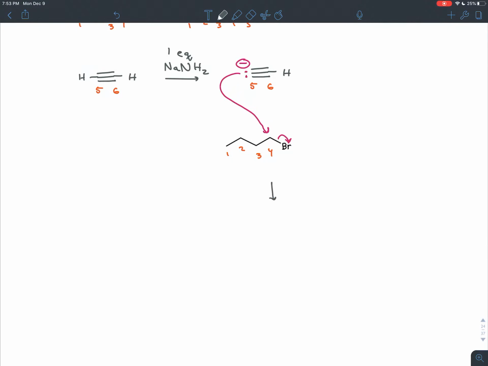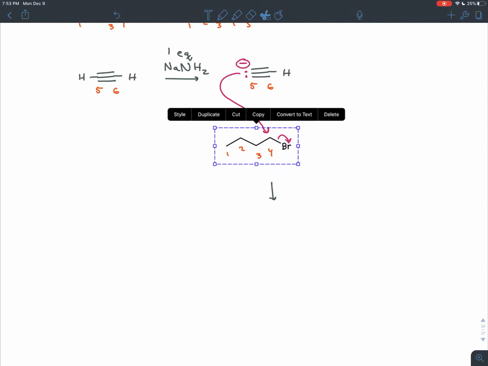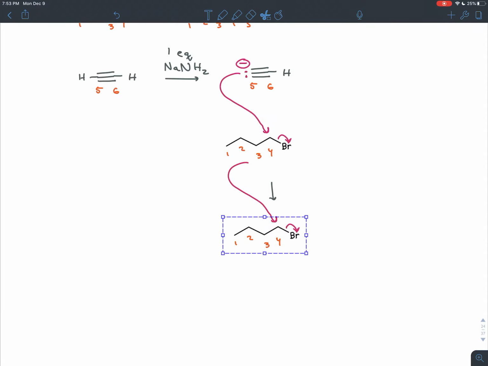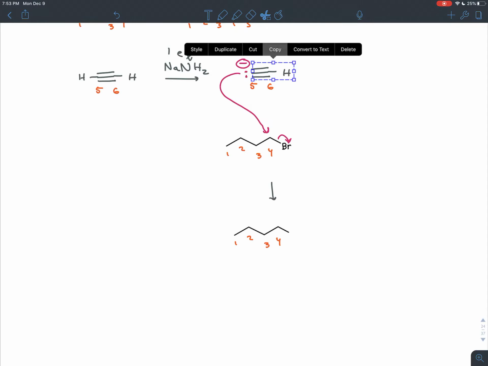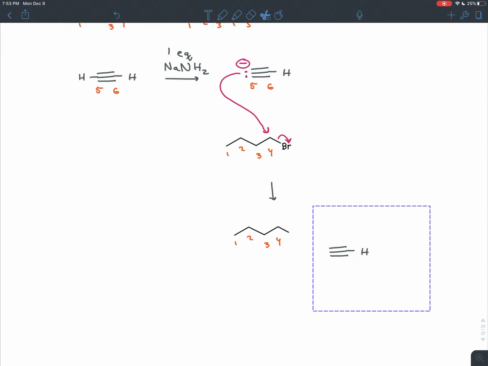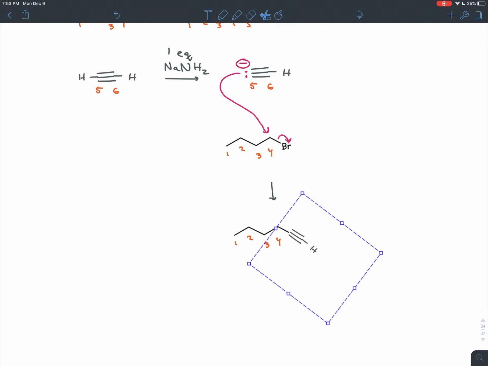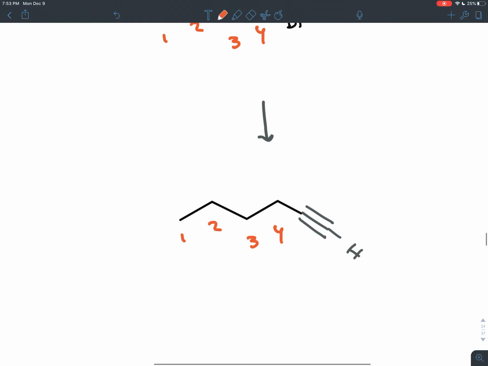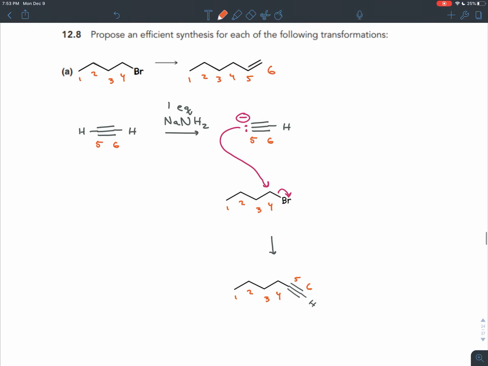So what we'll have at this point is this, but instead of the bromine, we will have this carbon chain there. So we have 4, this is now 5 and 6. So we have our 6 carbons, the 6 carbons we wanted.